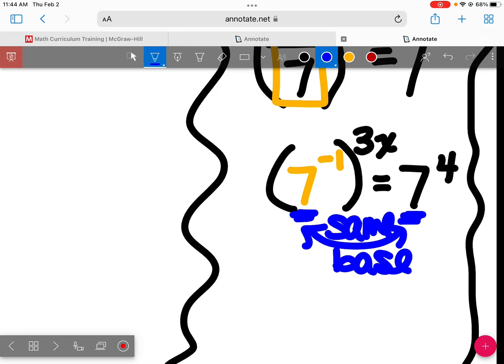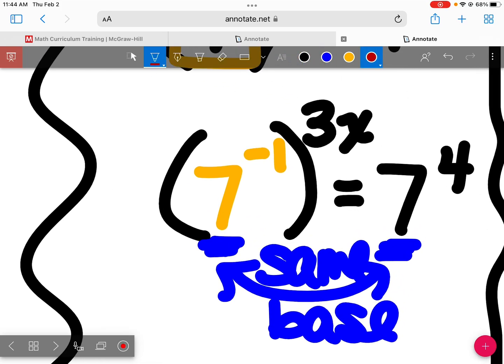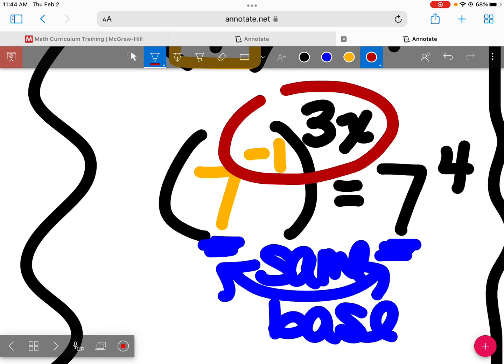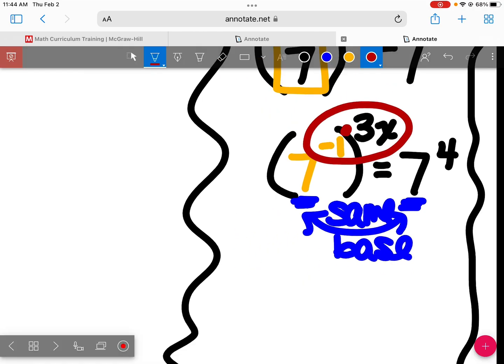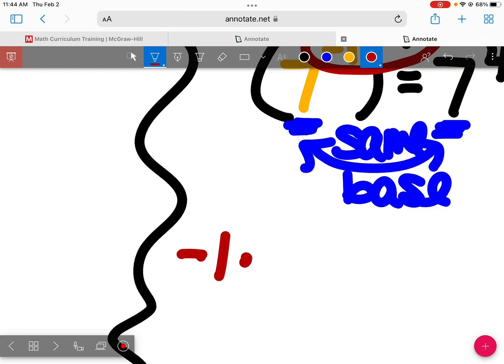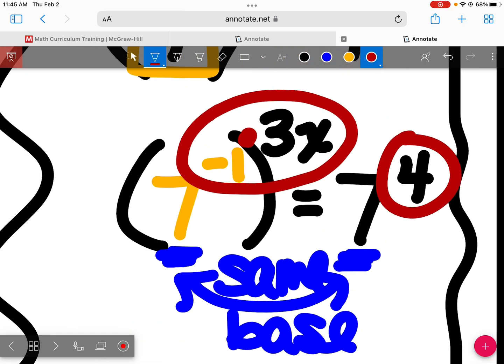So what's true about the exponents then? They're going to be equal. What do I do with these? Because I got two of them. Multiply them. So I have negative 1 times 3x is equal to 4.